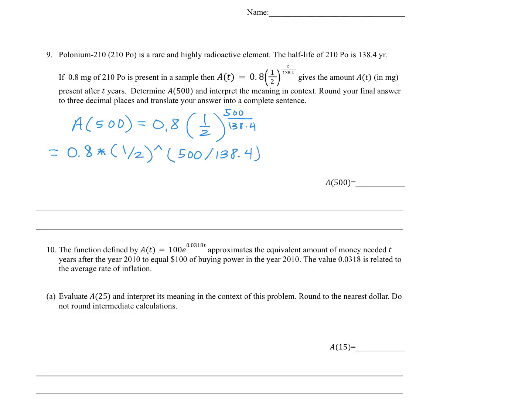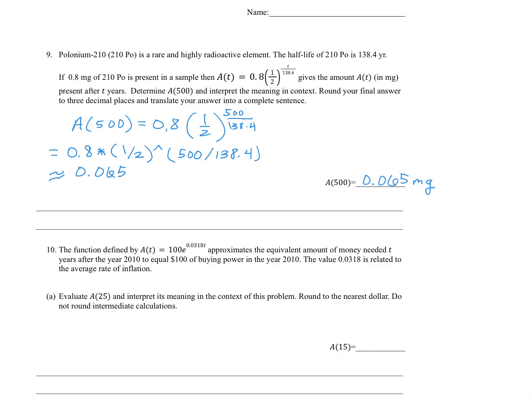And when you hit the equals button or the enter key, you should get roughly 0.065 if I round to 3 decimal places. And because we're doing an application problem, you want to make sure you put units on your answer so people know how much you actually have. So that is milligrams for this problem here.